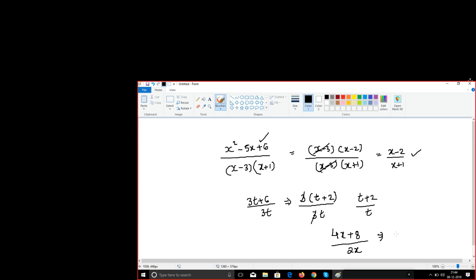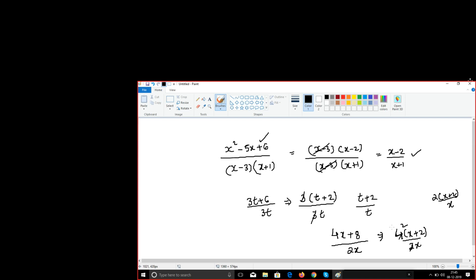What I did was 4 bracket x plus 2 over 2x. And then 4 divided by 2 would be 2 bracket x plus 2 bracket and then over x. So this is 2 times x plus 2 over x, and that's the final. Like, you can't cancel them further. So that's the end.